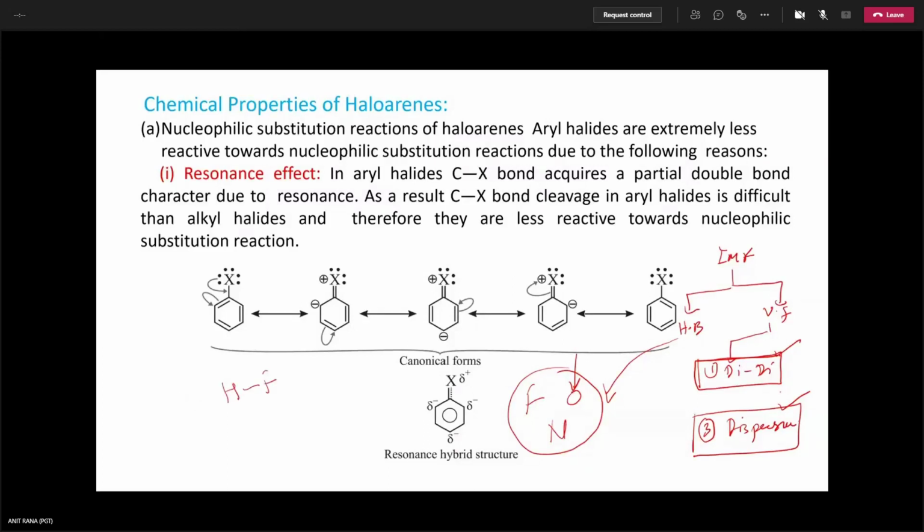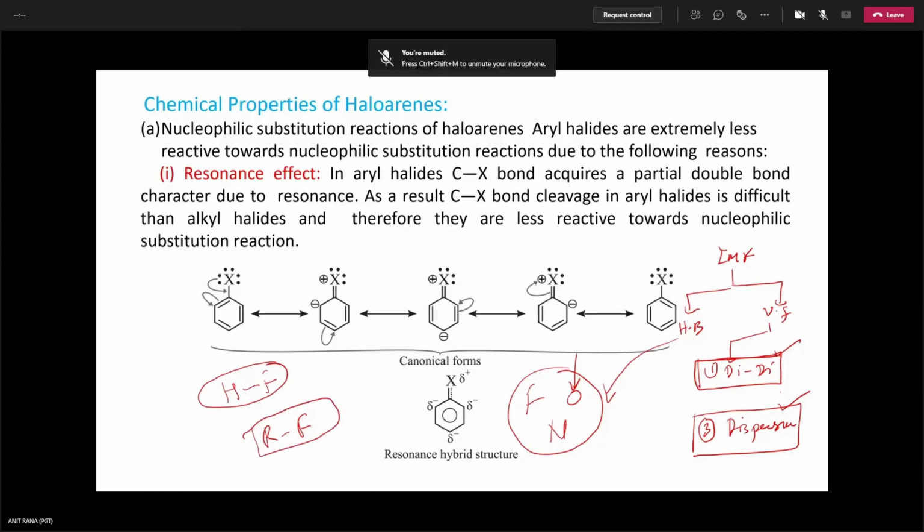We need very high polarity. I'm not talking about alkyl fluoride. Hydrogen should come between the two electronegative atoms. Alkyl fluoride is a polar molecule, but the polarity difference is not very large as compared to hydrogen fluoride.